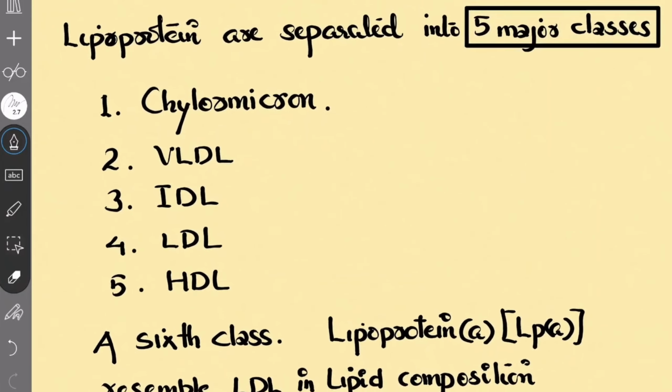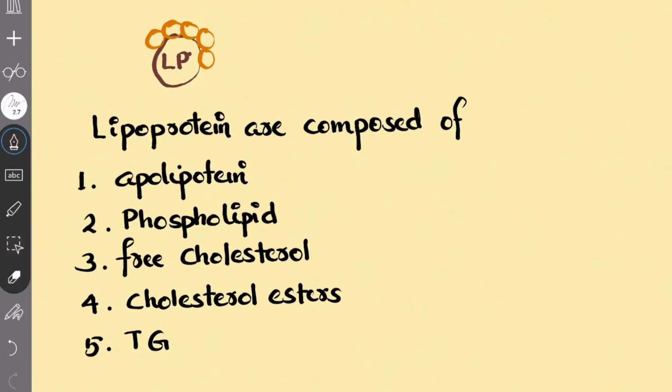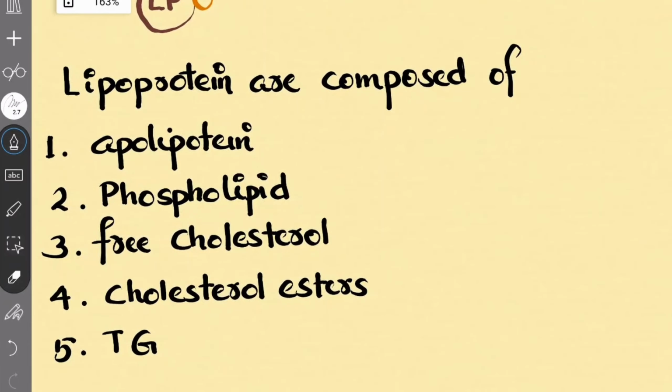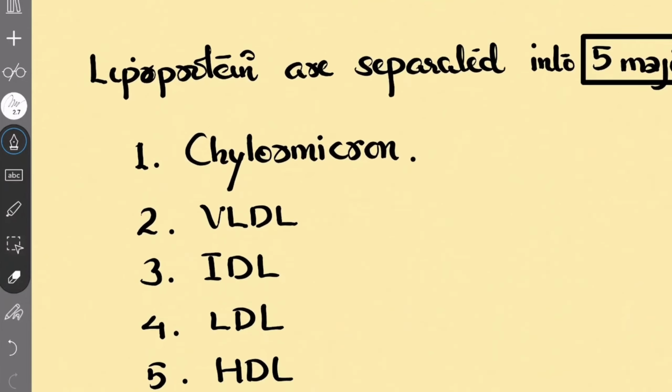So all these classes contain these five components: apolipoprotein, phospholipid, free cholesterol, cholesterol esters, and triglycerides.